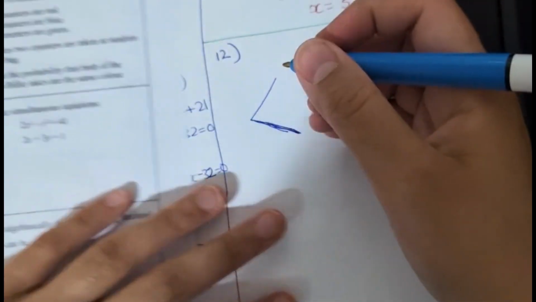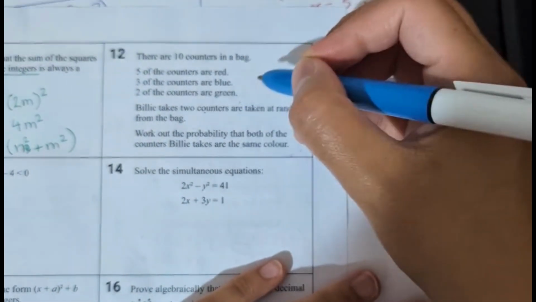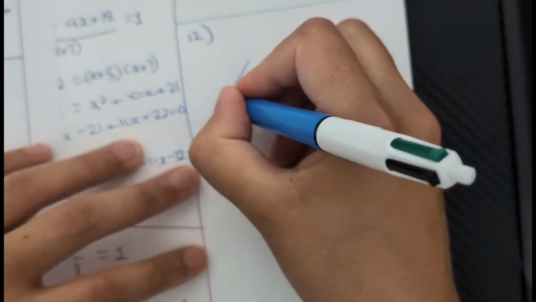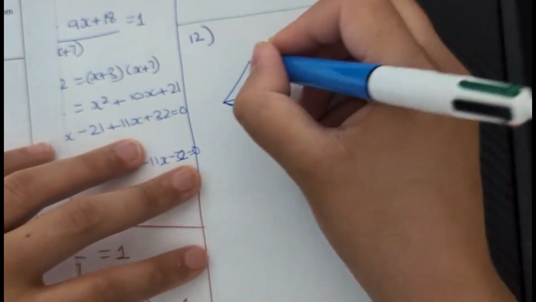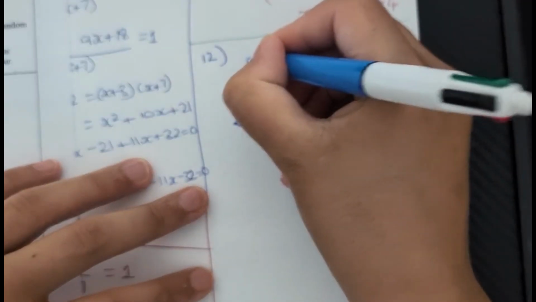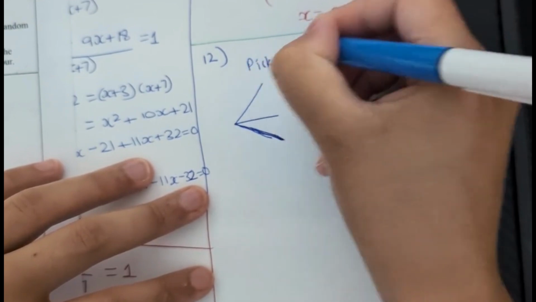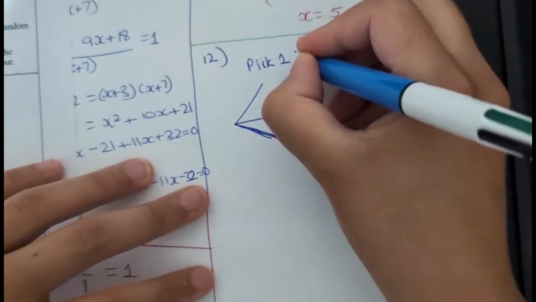Right, so if I go back, there are 3 different options, which means I need 3 branches coming out of my tree. So that means 1, 2 and 3 as follows. I'm going to say pick 1, or option 1. You can give it any heading you like.